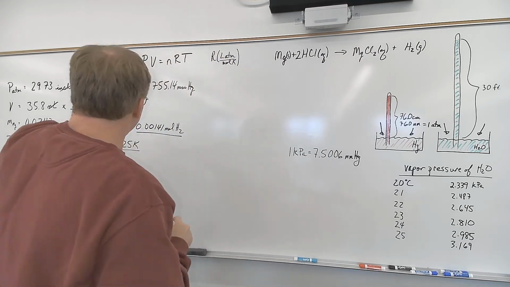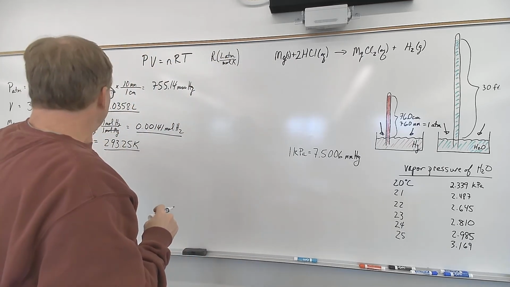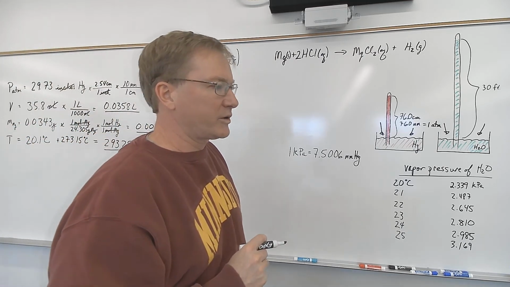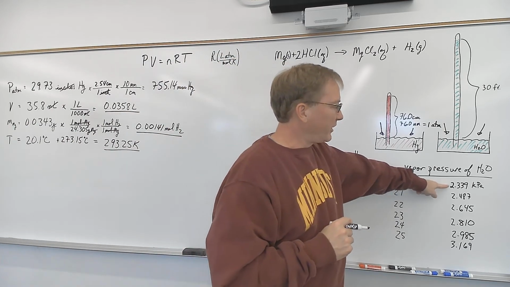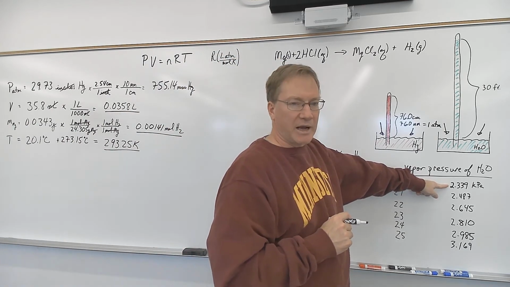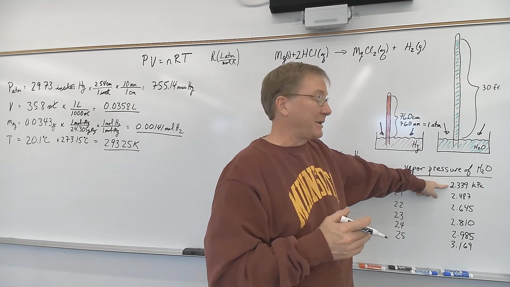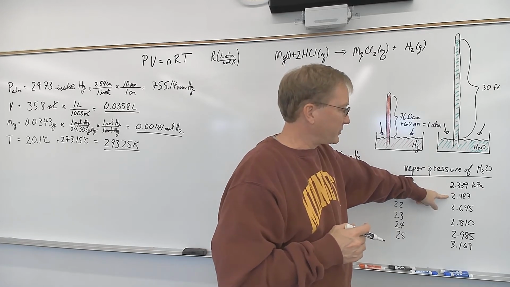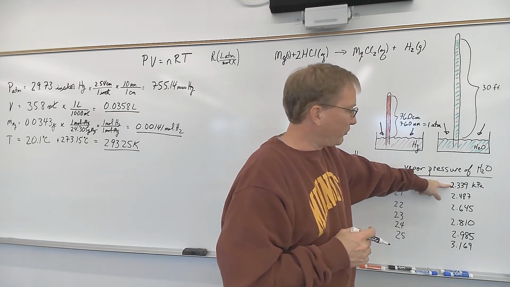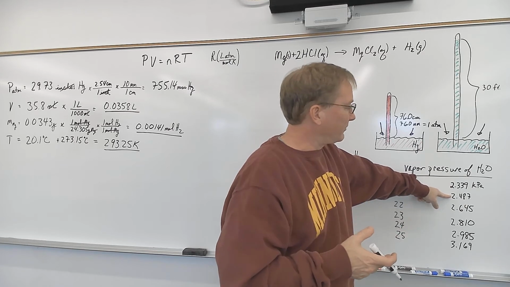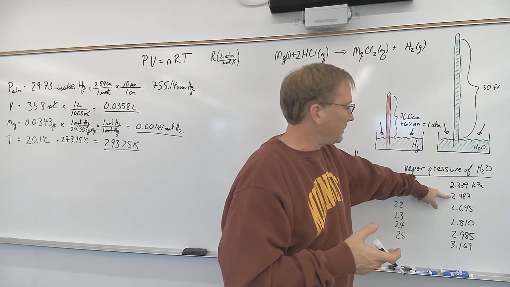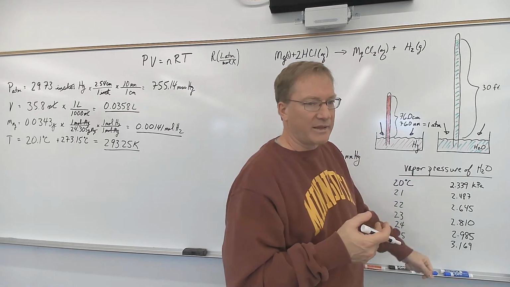All right. So we're going to look at the temperature that we were dealing with. We were dealing with the temperature of 20.1 degrees Celsius. So that means we're very close to this 2.339 kilopascals. It would be a little bit higher than that, certainly 2.34, maybe 2.4, something like that.